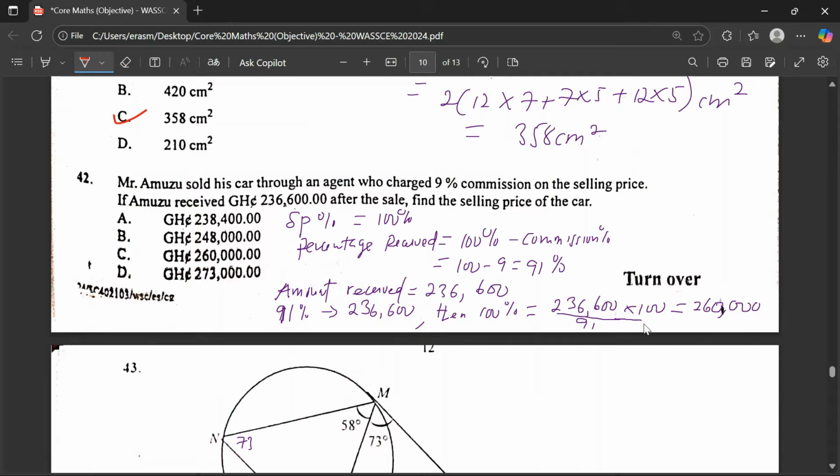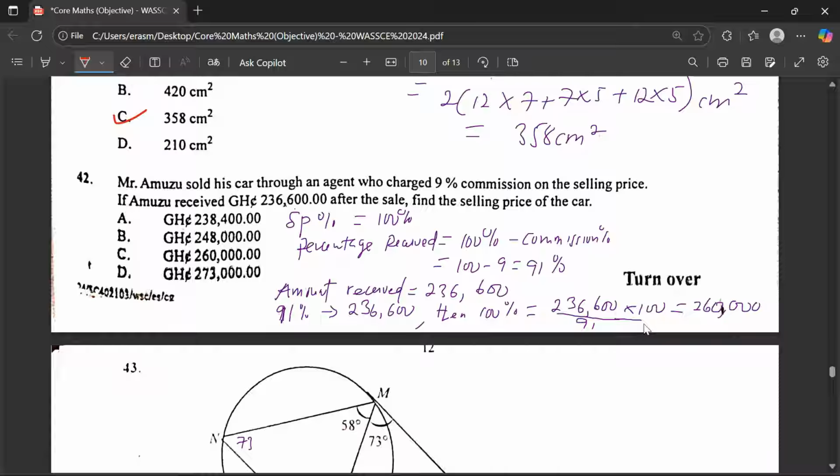Now, amount received is 236,600. Now, from ratio and proportion, if 91%, which is the amount received in percentage, is equal to 236,600 in terms of amount received in cash, that is not in percentage, then 100% will be what? 100% of course is going to be much bigger than 91%.